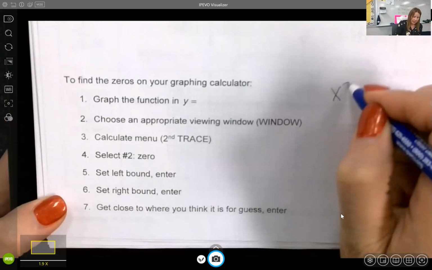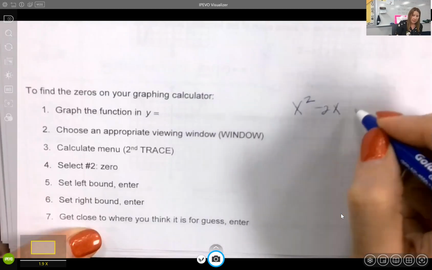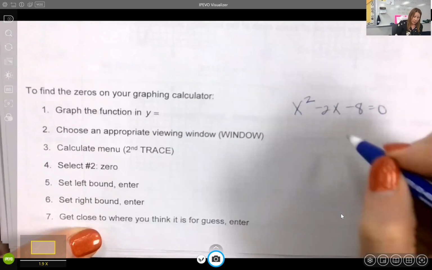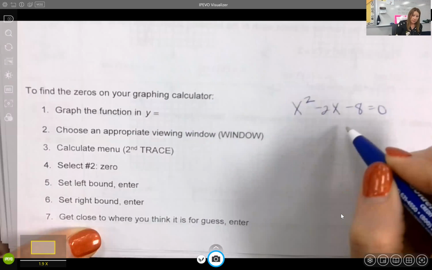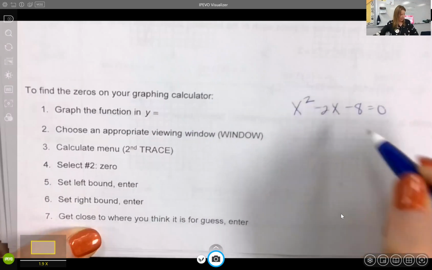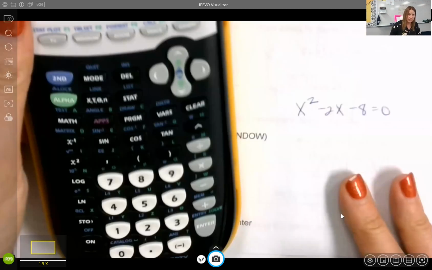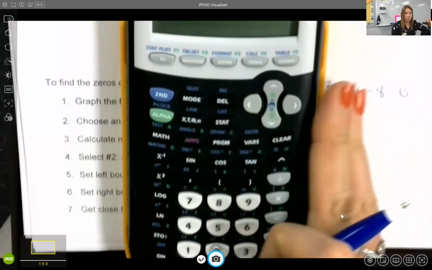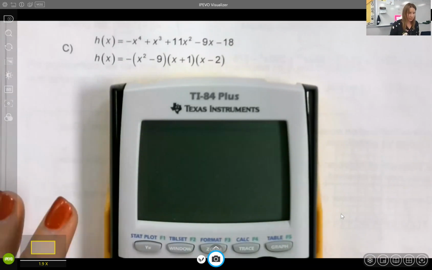So if I had x squared minus 2x minus 8. Okay, so now I am not going to factor this or use the quadratic formula. I am going to put this in a graphing calculator. Okay.